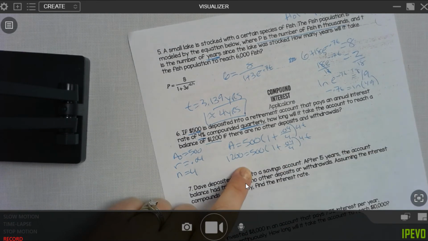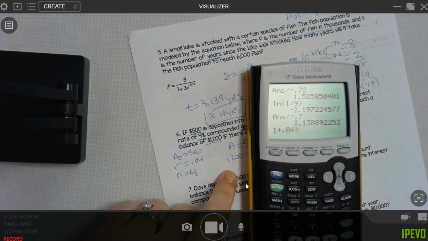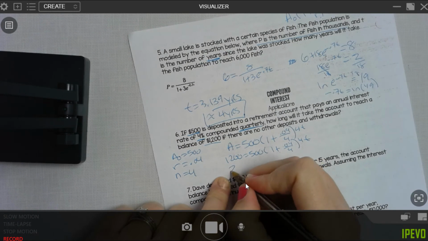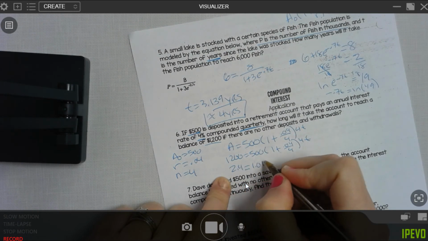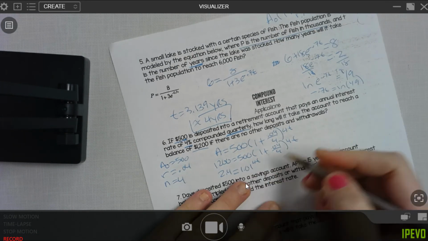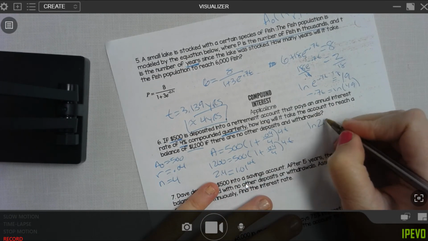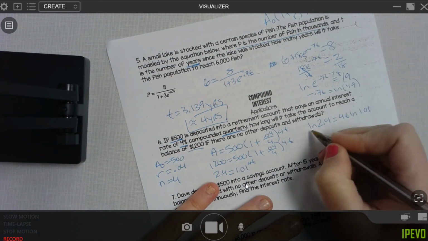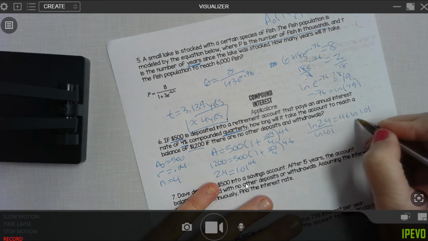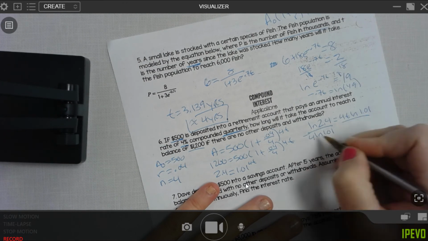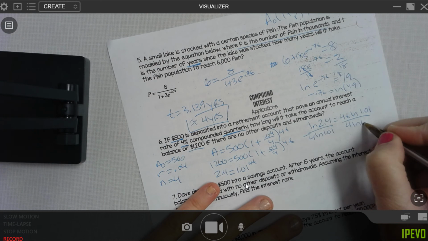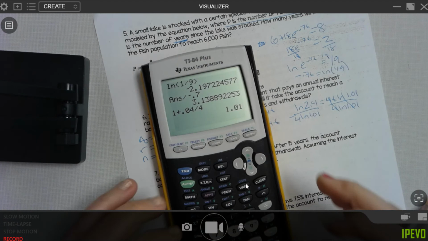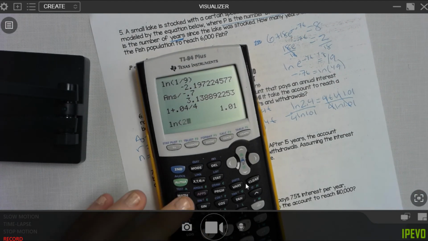And then let's do 1 plus 1.01. So natural log both these sides. And really you can divide the 4 at the same time here. So we would get, just make sure if you do this, I'm going to show you in the calculator, that you type this in right.